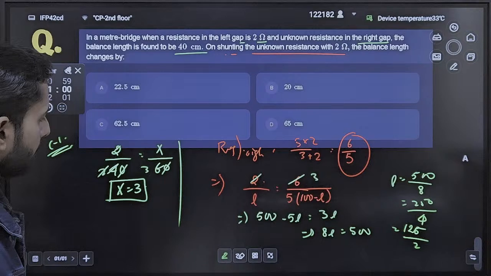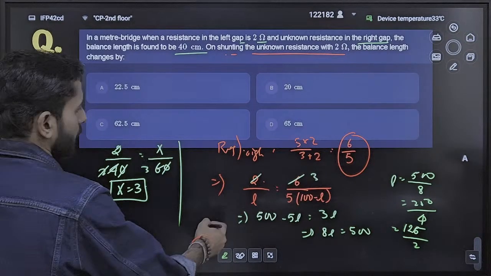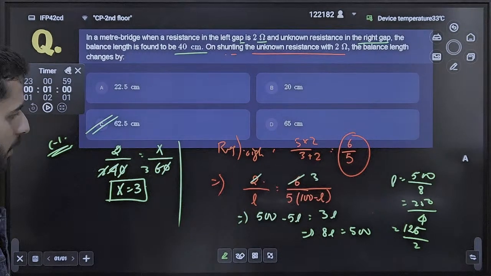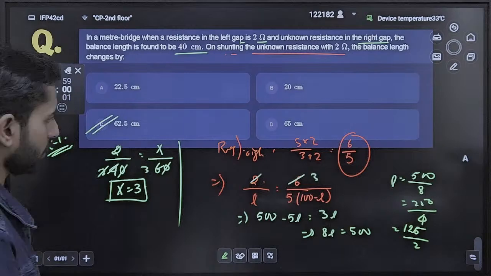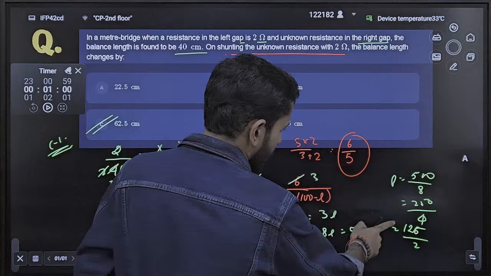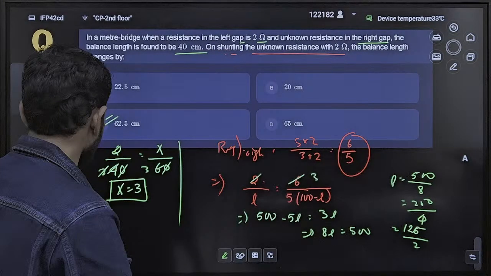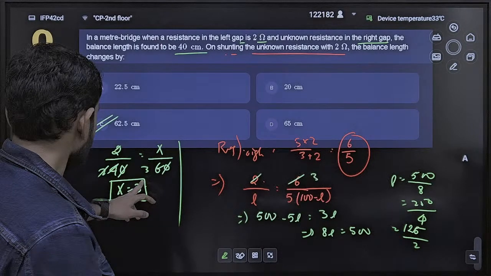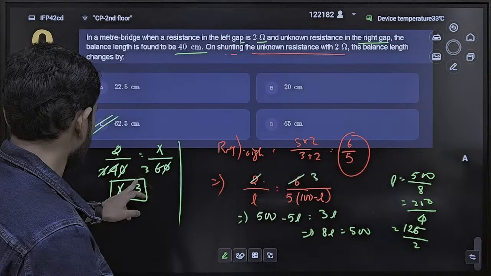I can say simply option C, that is equal to 62.5 centimeter. Then the calculation is correct. Here you have calculated correctly, X is equal to 3.